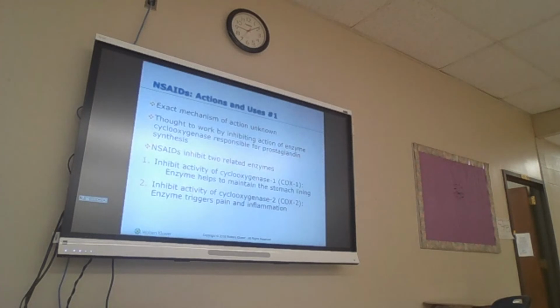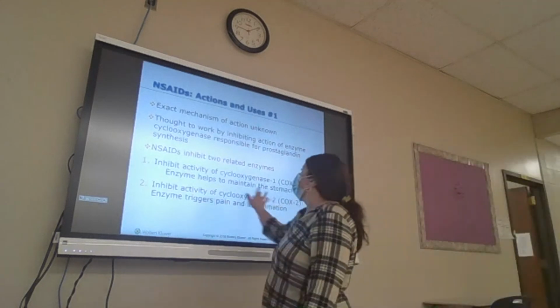So we might say, take a Flexeril for your muscle strain, but also take this anti-inflammatory, this NSAID, for more of a pain relief. Pain plus inflammation, and then your Celebrex is working a different way. So oftentimes those medications are going to be used in conjunction with other medications.